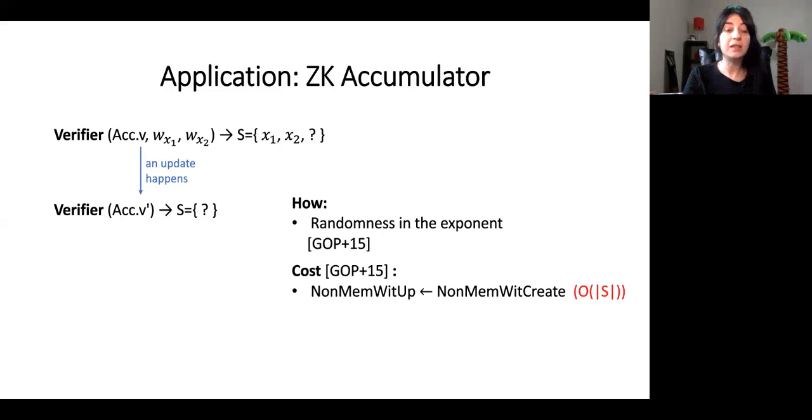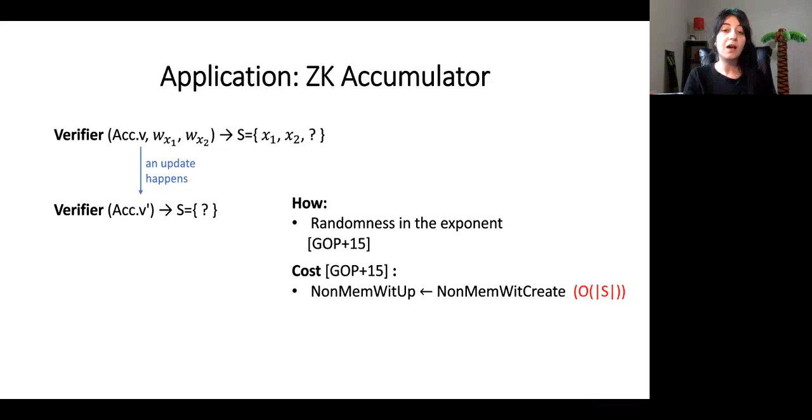On top of that, if an update happens and the verifier can see the updated accumulator value, we want them to not be able to infer anything about the set, not even if X1 or X2 are still in the set.